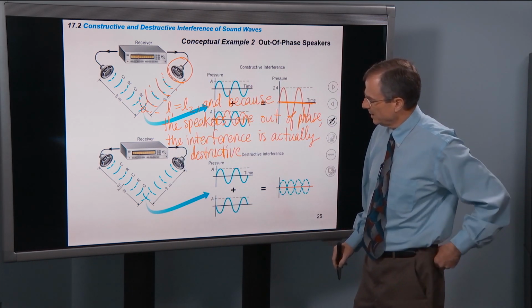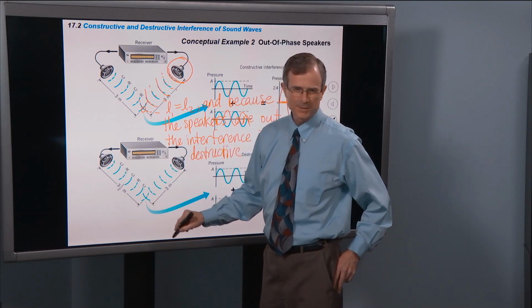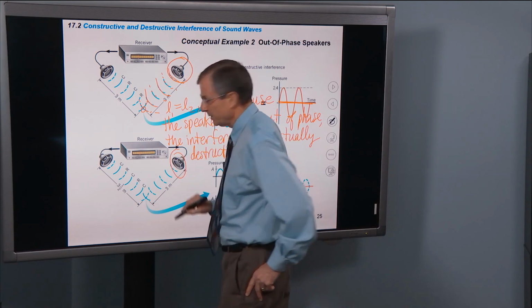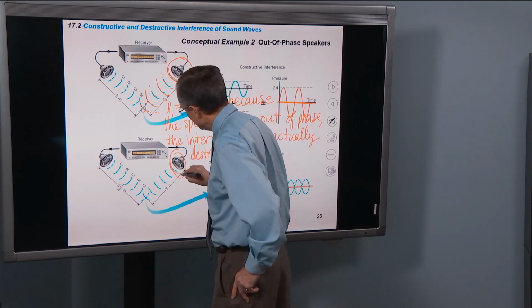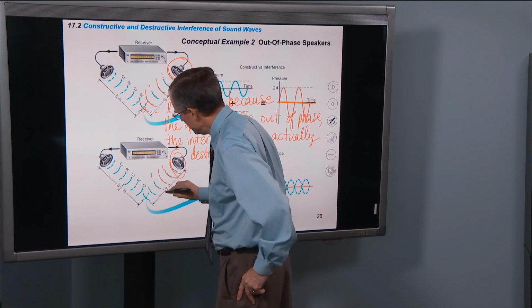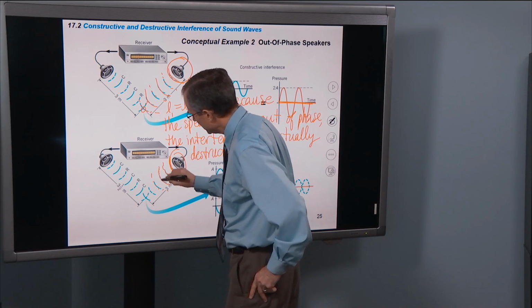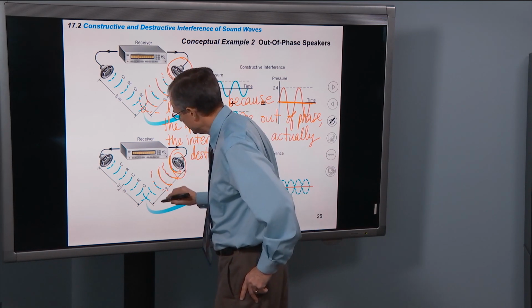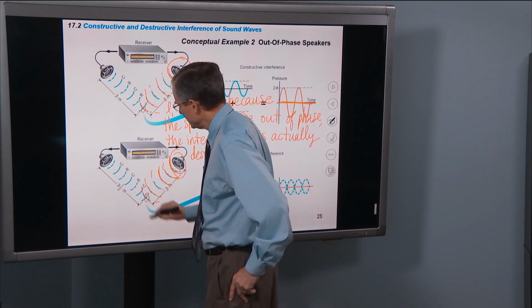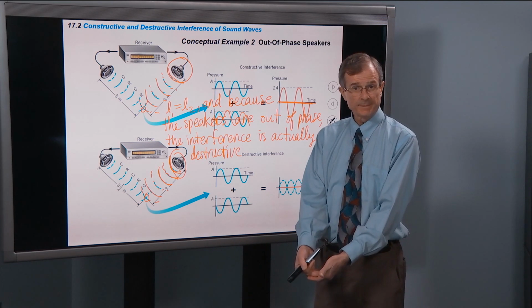Same thing if you do the same thing, but now the path length is different by half a wavelength, and this one you connected out of phase. You got constructive, destructive, constructive: crest, trough, crest, trough, crest, trough. So now at this point, we've got two troughs that are meeting.